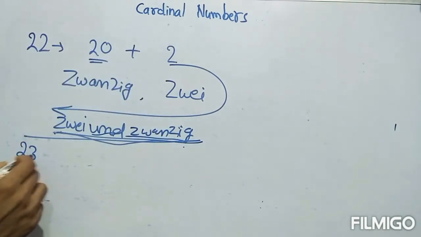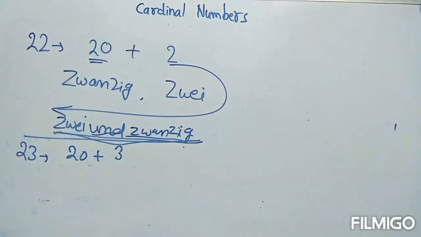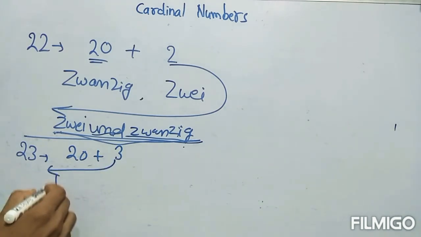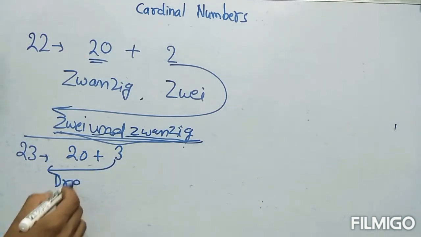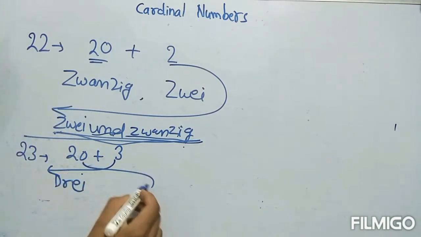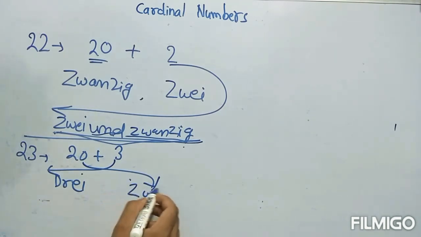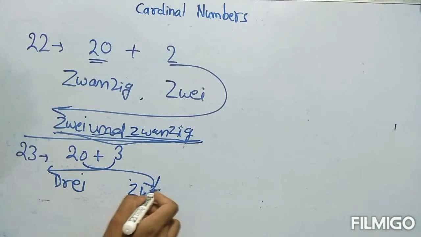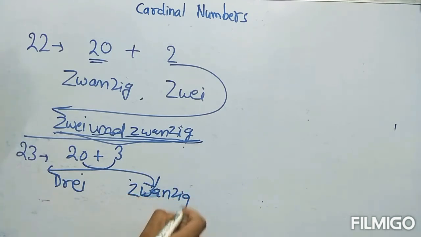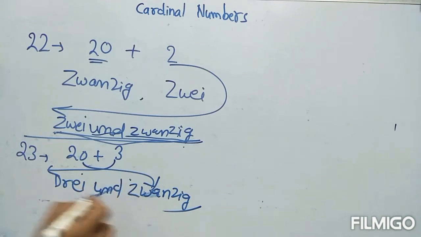Just like 22, 23 is 20 plus 3. 3 is drei, and 20 is zwanzig, and is und.